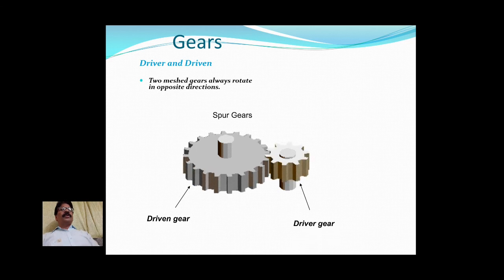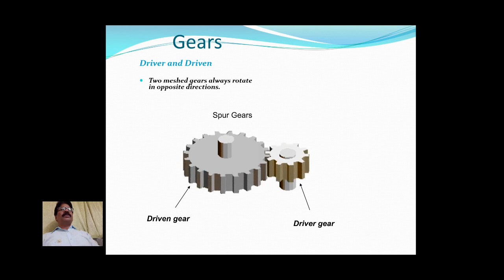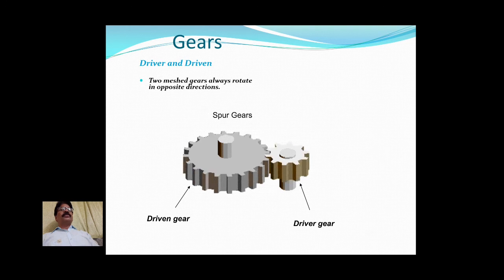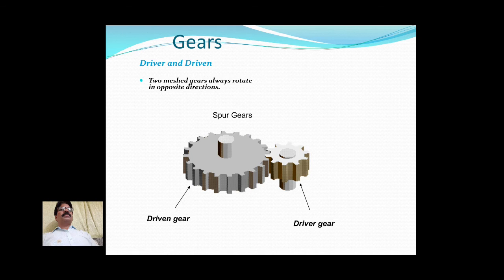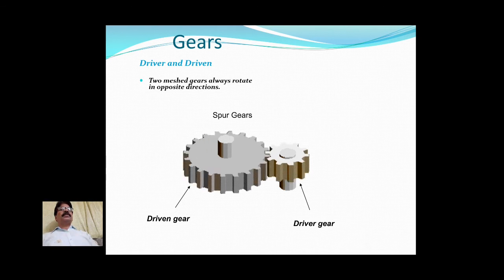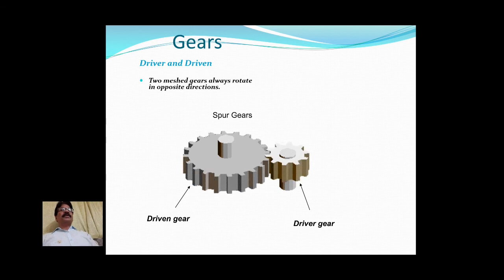Here the smaller one is the driver gear and the larger one is the driven gear. So we are giving the power to the driver and you can see the direction is opposite. This type of engagement is called spur gears.